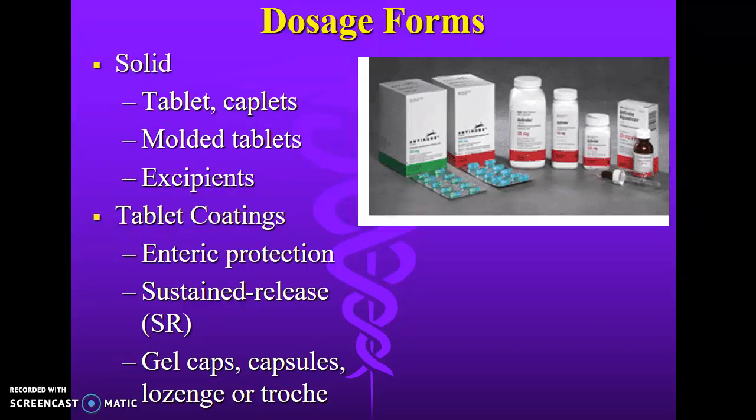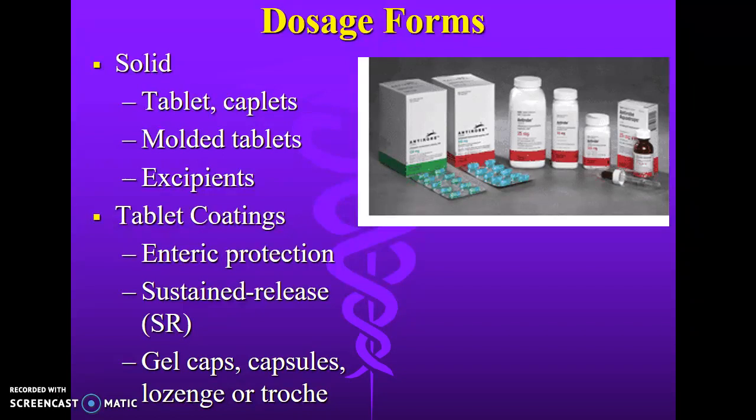Sustained release, we don't use a lot of these in veterinary medicine. They're typically designed for people, and the human intestinal tract transit time is different than cats and dogs and other animals. But there are some drugs that we will give as a sustained release. It just allows us to give it less frequently.